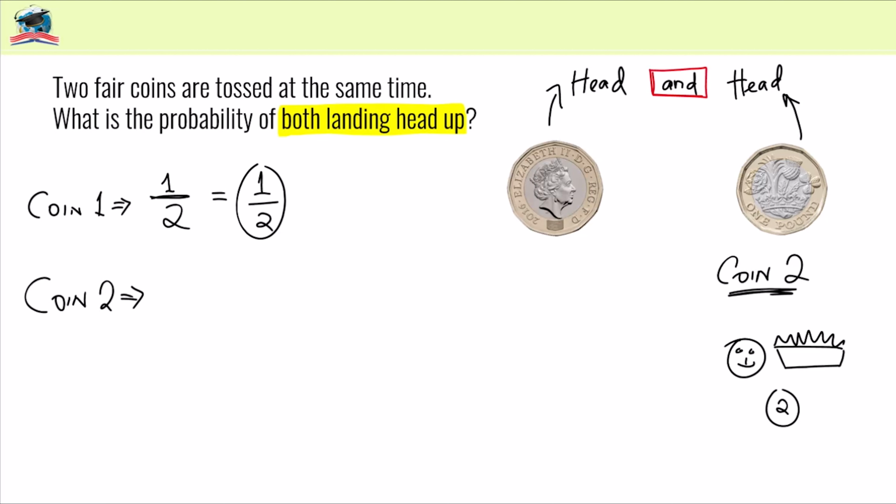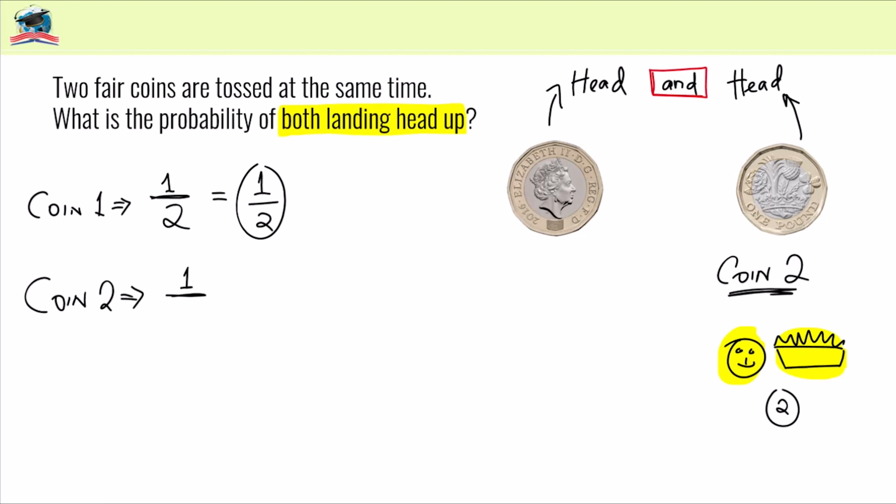What is the probability of getting a head for coin two? What are the total possibilities we can get? If we toss coin two, we can either get a head or a tail. Those are the two possibilities, but it's asking us for a head, not a tail. So the probability of getting a head will be one out of the total outcomes, which is two.